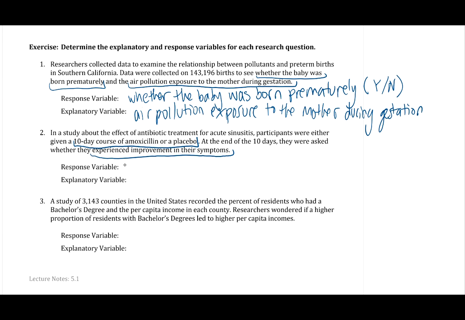So our response variable is improvement in acute sinusitis symptoms. And they would respond to that with a yes or no. And then our explanatory variable was the type of treatment given.